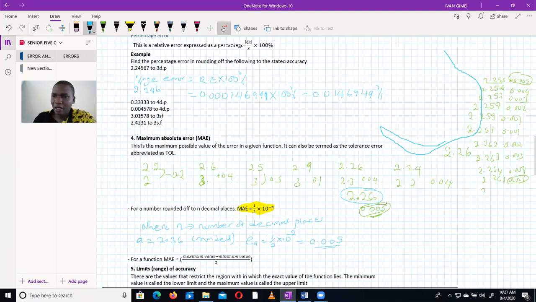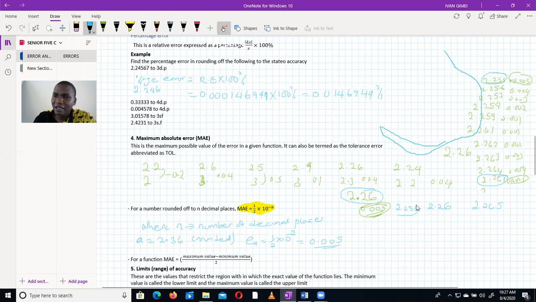We don't know, we're just speculating. So you notice that our speculation ends on this and that one. So that means the exact value of 2.26, because it's an approximated value, lies between 2.265 and 2.255.